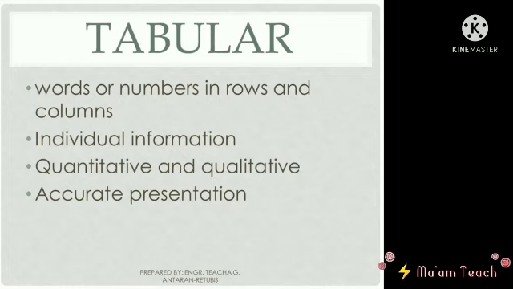Let's say for example 20%, 25%, something like that. Or there may be a decimal, but only, let's say, one decimal place. But of course that percent, class, is already rounded off. So you cannot present the accurate value in a graph, but in a table you can accurately express it.